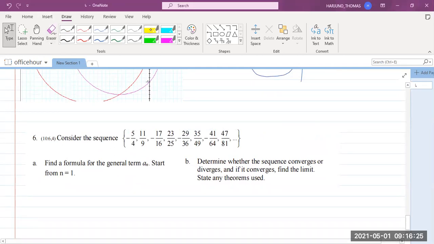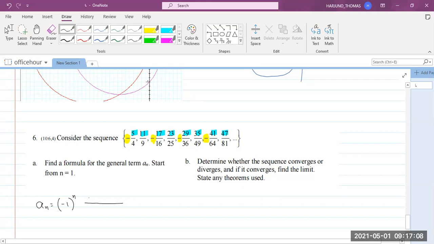So let's see. The first thing I noticed right away is that it's alternating. So let's take care of the alternating part first: a sub n, starting from 1, is (-1)^n, because when n equals 1 it is negative. Now on the numerator, starting from 5, I keep adding 6, so on the top it's linear. Imagine a linear function instead of a linear sequence, which is supposed to be called an arithmetic sequence.